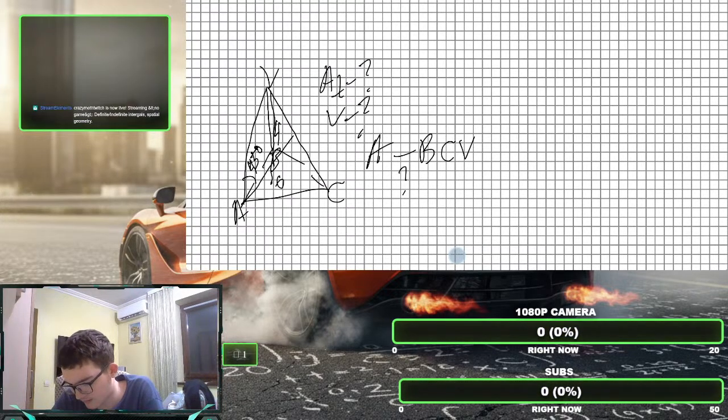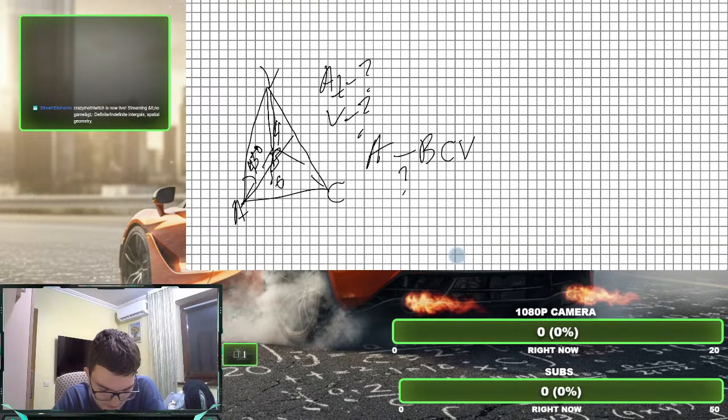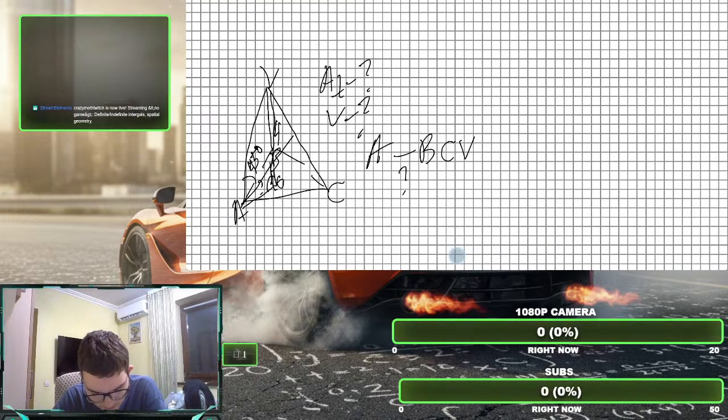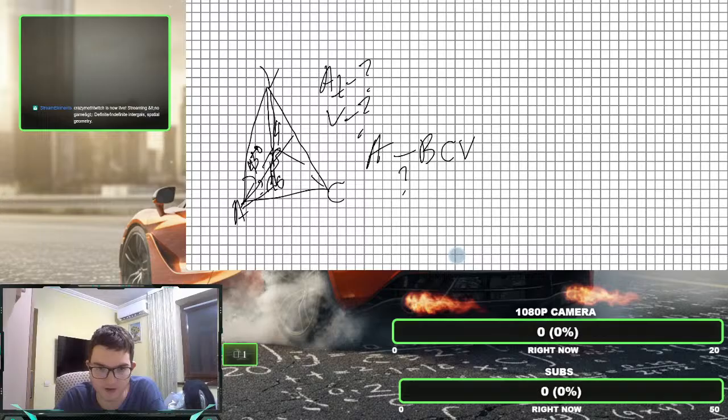Next, find the angle between VOA and VOB. So look, this angle. And after this is done, just solve this.